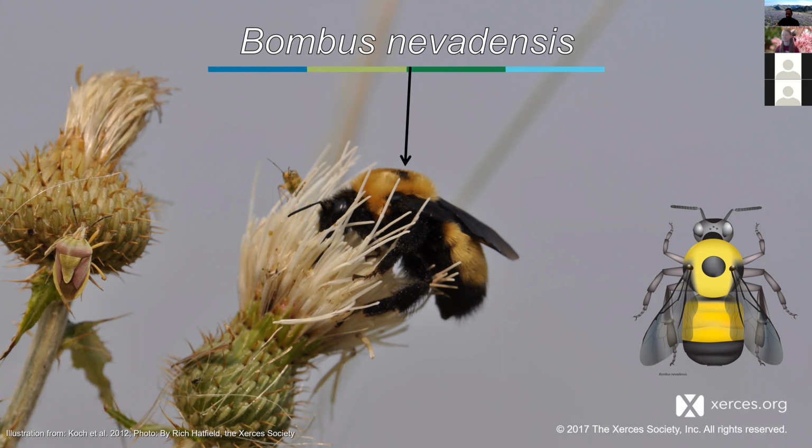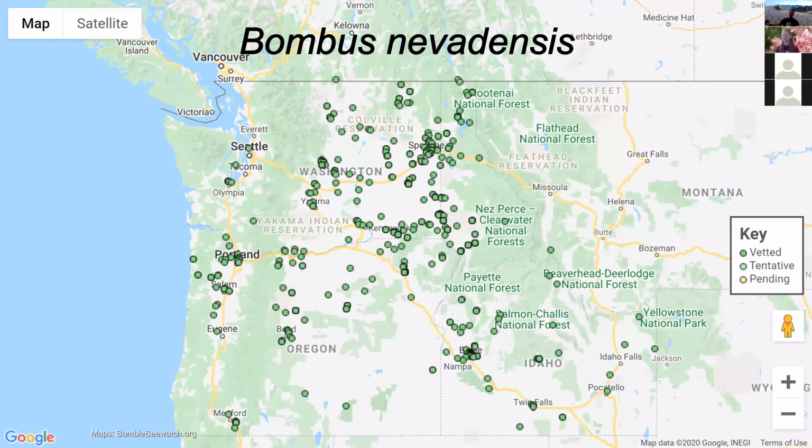So again, we're looking for that black dot in the middle of the thorax, and then yellow on the first 3 tergal segments. So 1, 2, and 3 all have yellow hairs on it. And again, this usually has kind of dull yellow hairs compared to the species that we're going to look at next. Again, mostly a sagebrush steppe species, although we do see it some in the Portland and Seattle metro areas.